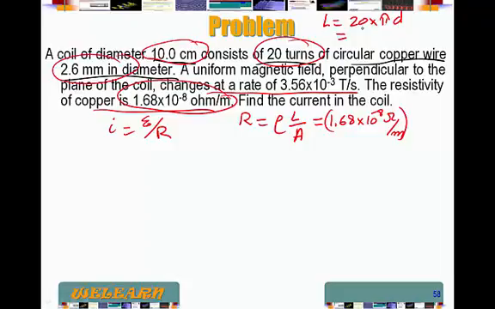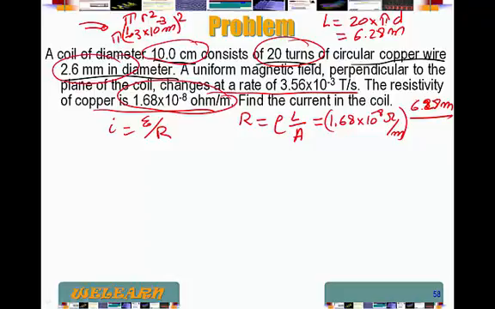And then for the area, remember, this is the cross-sectional area of the wire. We have the diameter, and the area is pi r squared. So it's going to be pi times 1.3 times 10 to the minus 3 meters, squared.